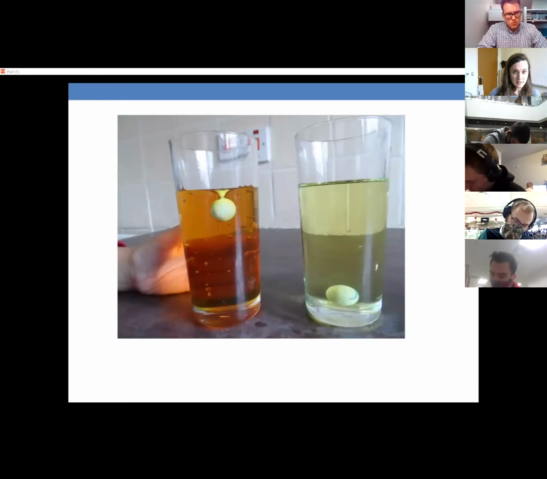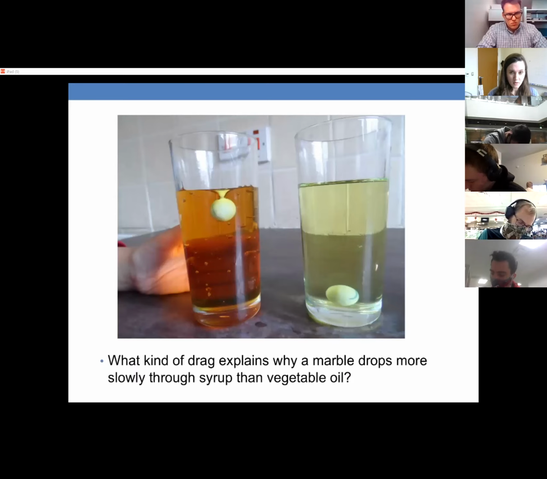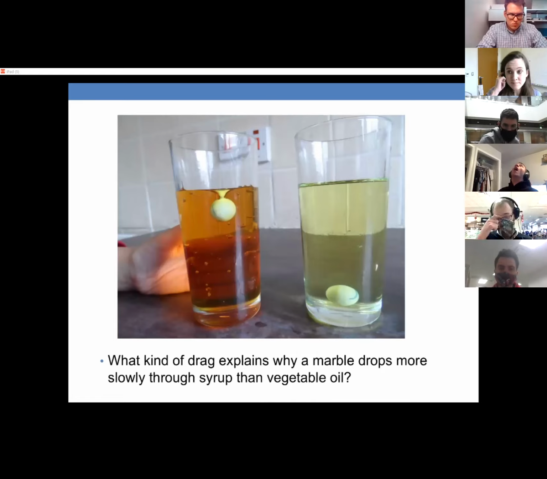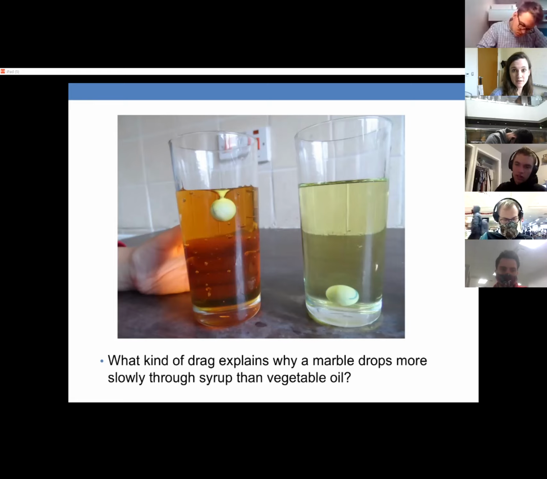Here's a question. What kind of drag, friction or pressure, explains why a marble drops more slowly through syrup than through vegetable oil? I would guess friction drag because it has the shear stress as one of the coefficients in the equation. Okay. Yes, you are right.